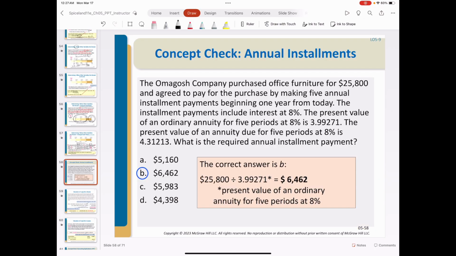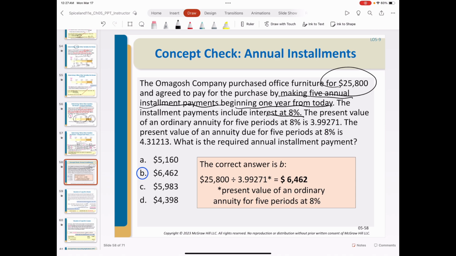It indicates the present value 25,800. It is the present value of these installment payments. The first one was made one year from today, so it also indicates this is an ordinary annuity.